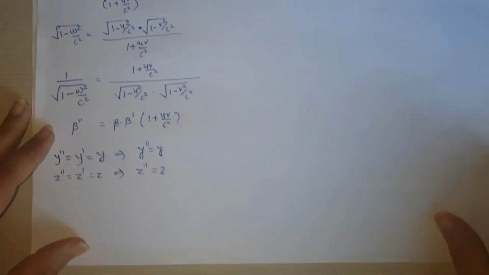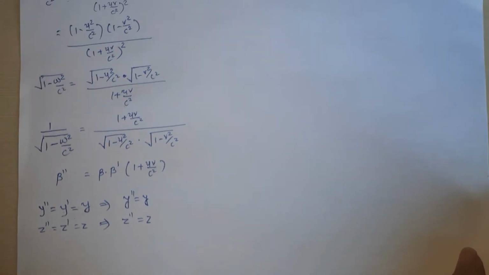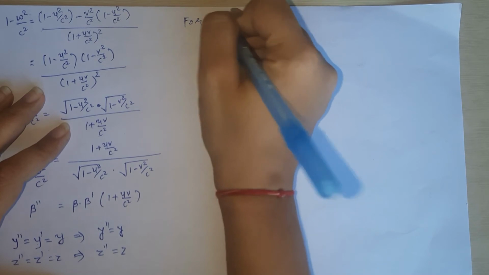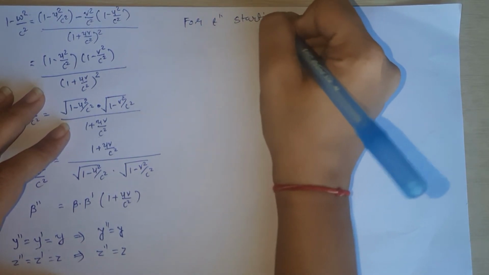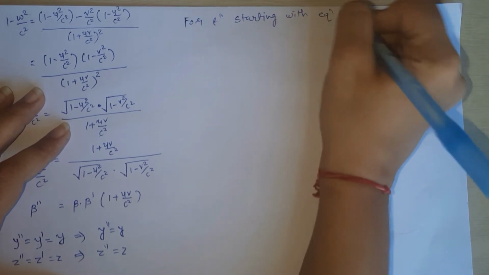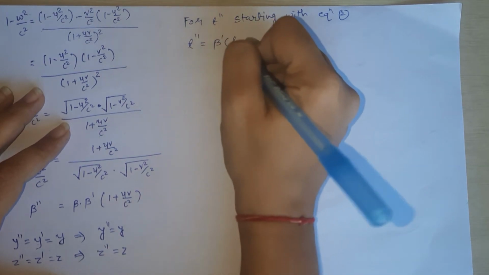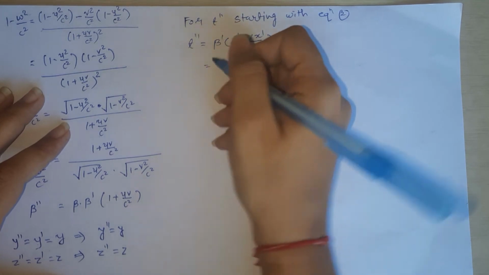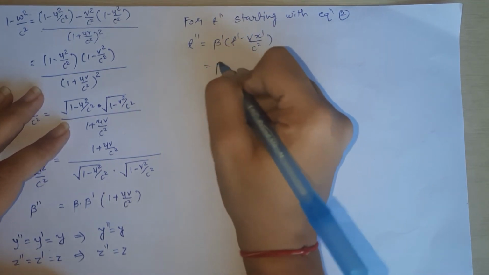So now we will derive the formula of t double dash. Starting with equation 2, we have the value of t double dash is equal to beta dash into t dash minus v x dash upon c square. Now we will put the value of t dash and x dash in terms of t and x. So what we get here?